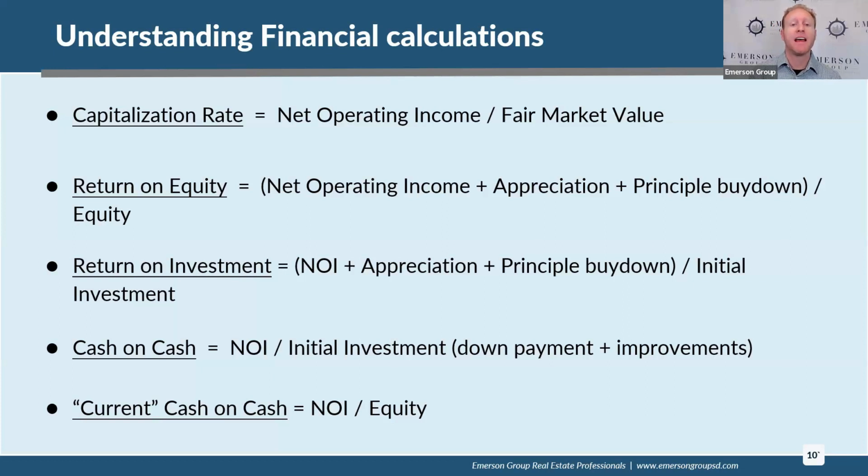We're going to use return on equity to understand what the performance was over the past 12 months, right? How much did the market go up? How much did I buy down in principal? And what was my net operating income? This is giving us a really good snapshot of what our equity is doing for us, right? How our capital is working for us.